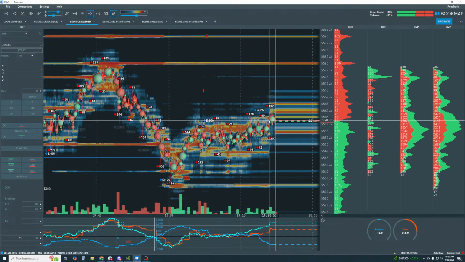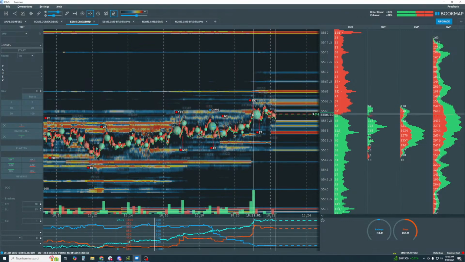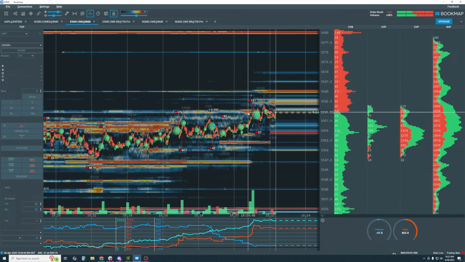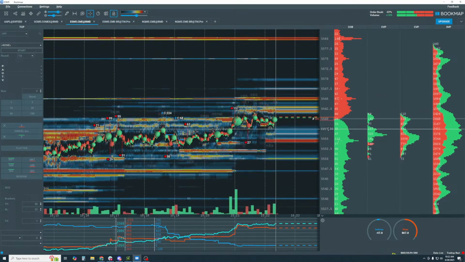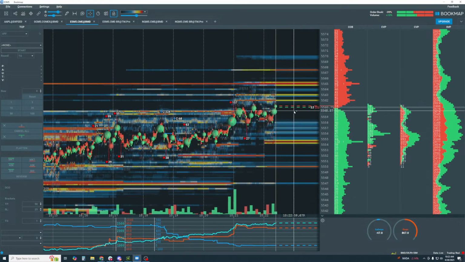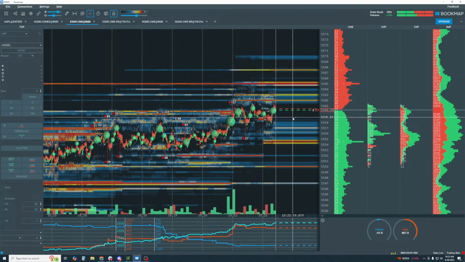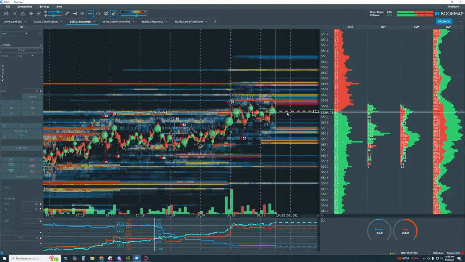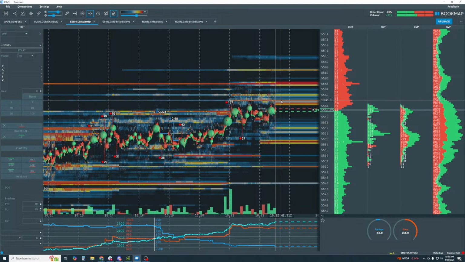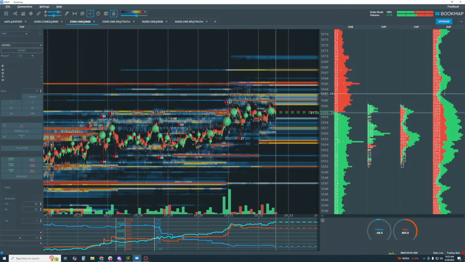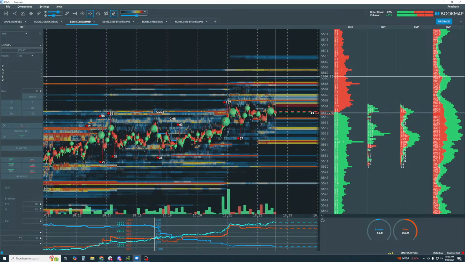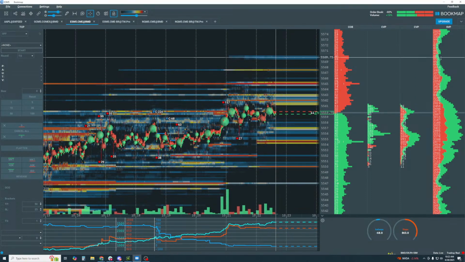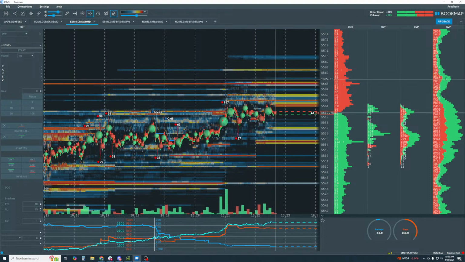So we just traded up into high liquidity at this 55.60 level, and we're still seeing buyers. Let's see if we can pop higher and come up into this low volume node, or maybe even higher than that, where the high volume node is.